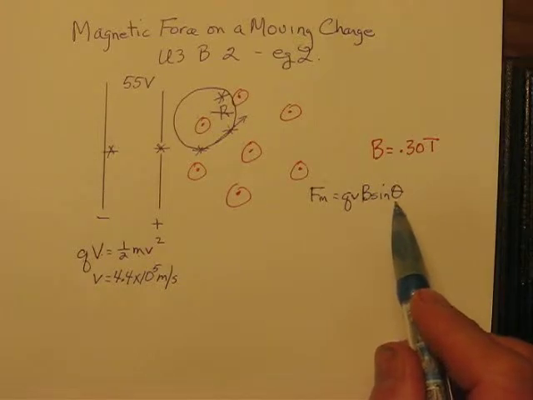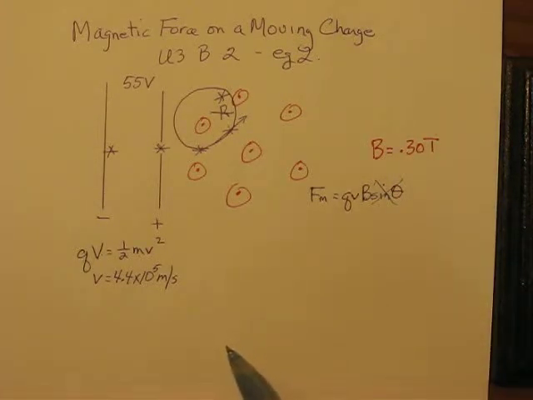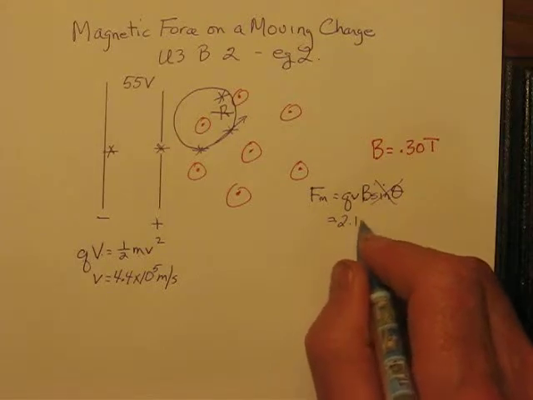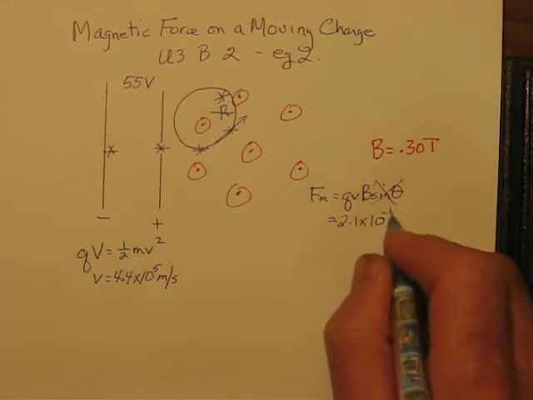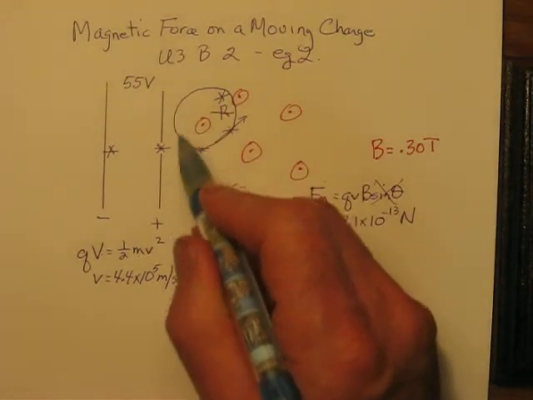Now, sine 90 is 1, so often we can almost neglect it, and we can calculate the strength of the magnetic force. In this case, it works out to be 2.1 times 10 to the negative 13 newtons. So that's the magnitude of this force which is causing it to go around in a circle.